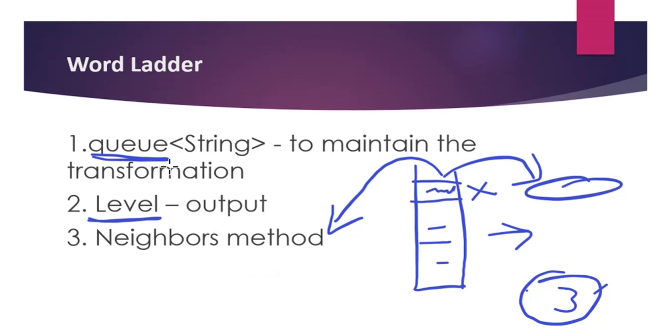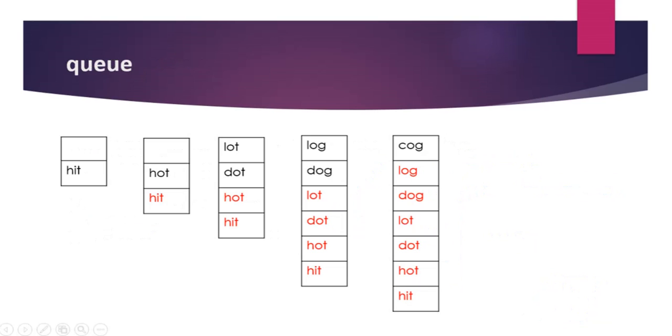Let's see first how the queue works. As I said, our queue is used to track our transformations. At first, the begin word will be inserted into the queue. Next, the neighbor method populates all the neighbors of the word hit and checks whether any of the words are present in the word list.